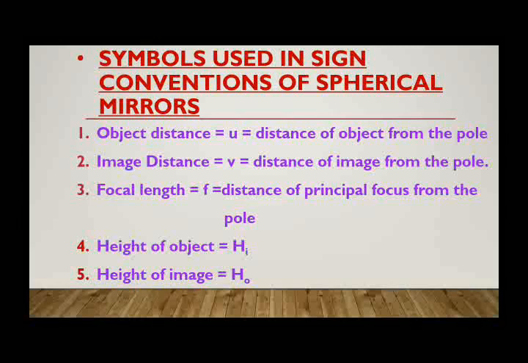Third symbol is small f, which is also known as focal length. It is the distance of principal focus from the pole. Fourth symbol is hi, which is the height of object. And last symbol is ho, which is the height of image.